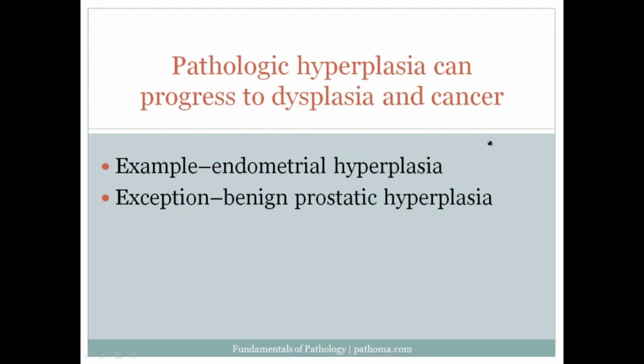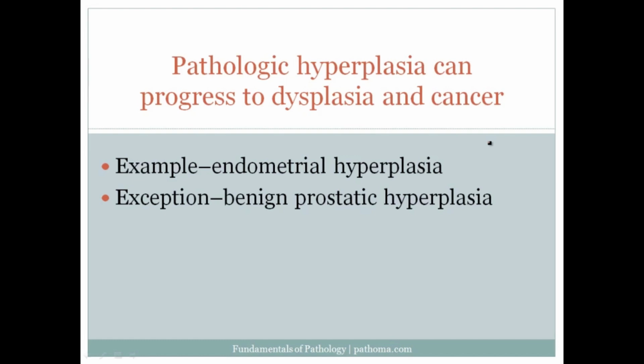However, with pathologic hyperplasia, there is an increased risk for dysplasia and cancer. Classic example, endometrial hyperplasia. You're well aware from your physiology lectures that the endometrium grows with exposure to estrogen, and it develops and sheds with exposure to progesterone.